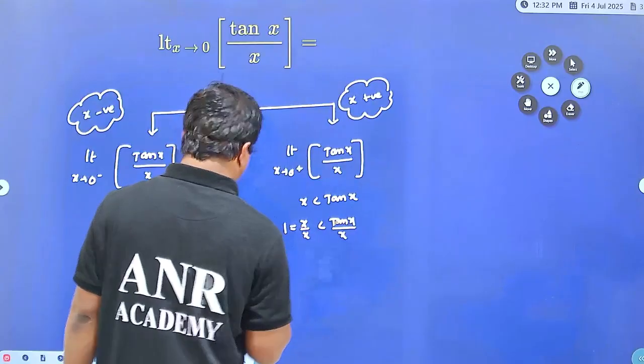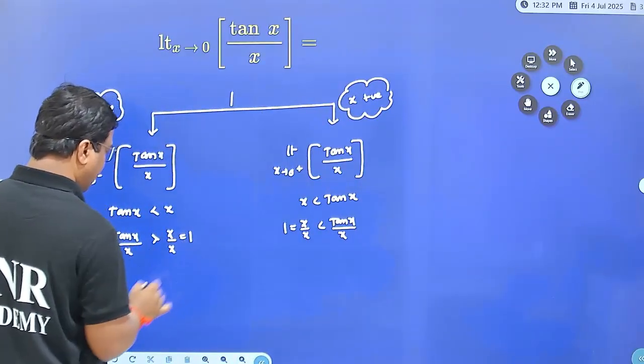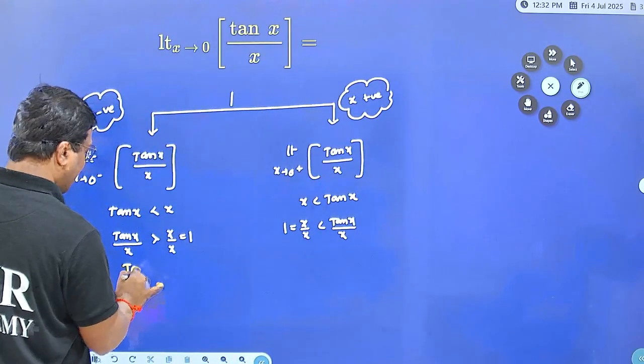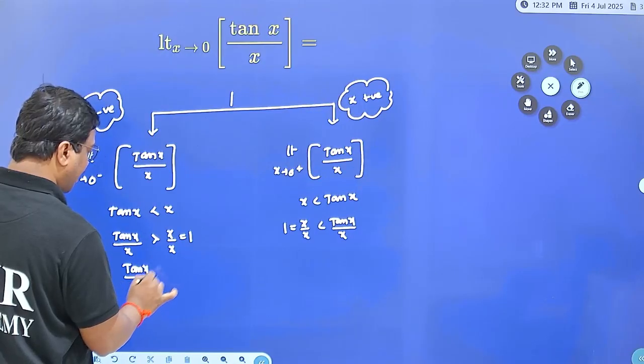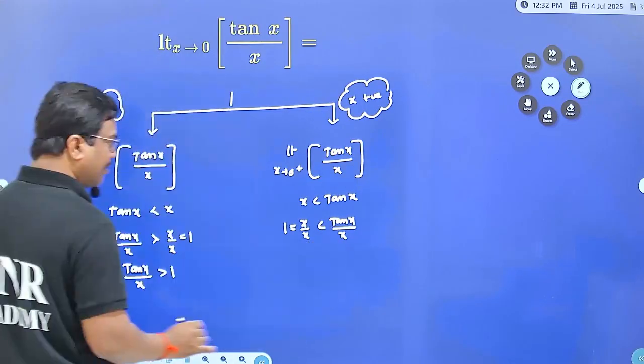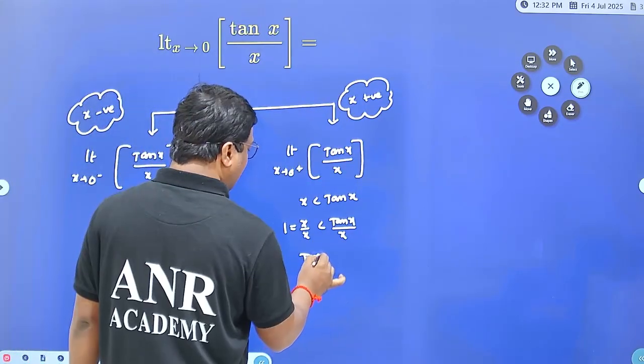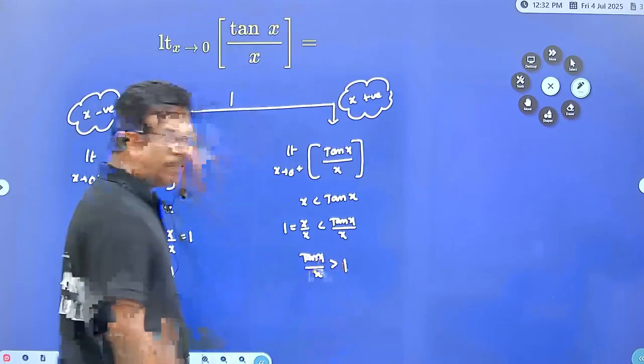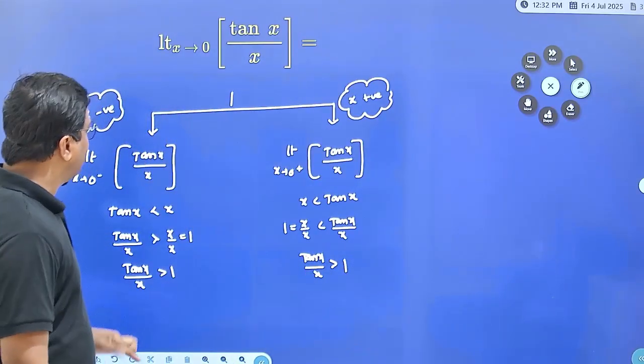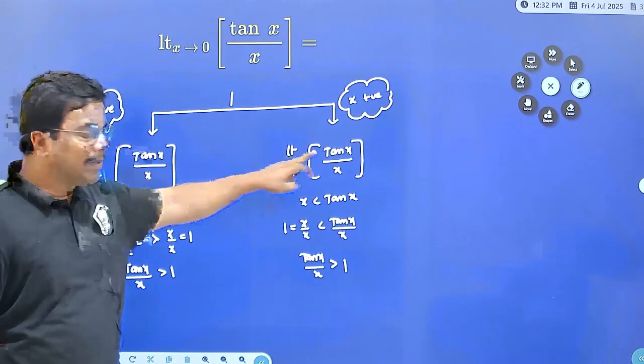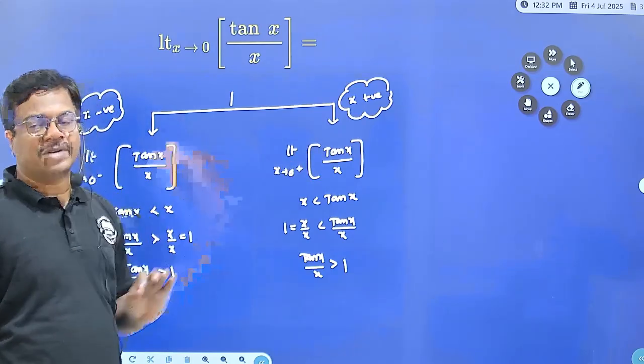This is clearly 1. This is 1. So, in this case, tan x by x is greater than 1. Also, the same, tan x by x greater than 1. In both the cases, the internal part tan x by x is clearly more than 1.